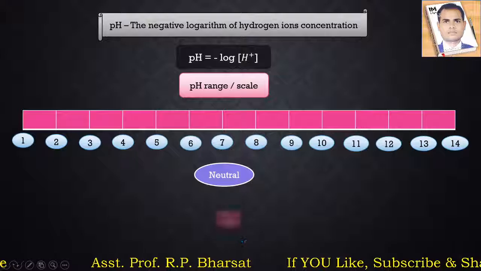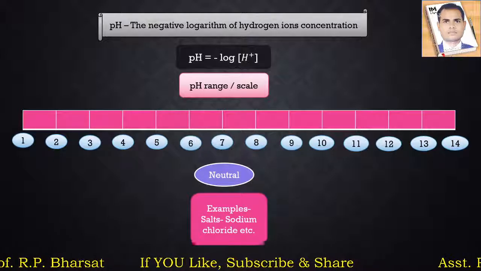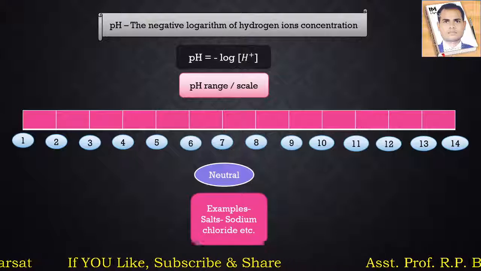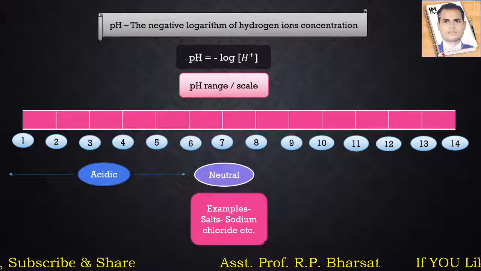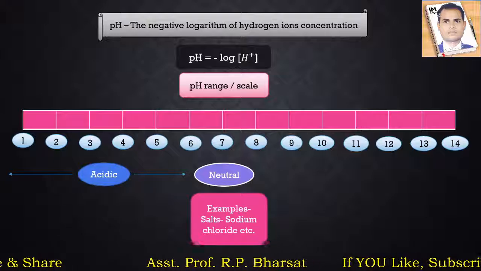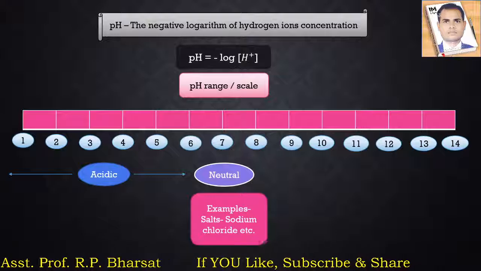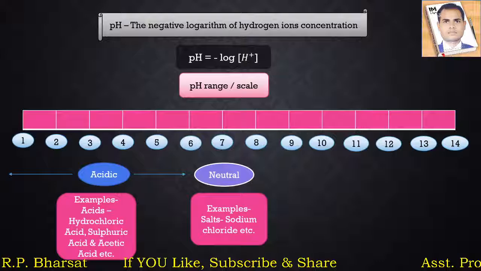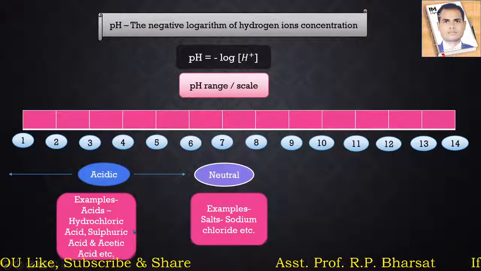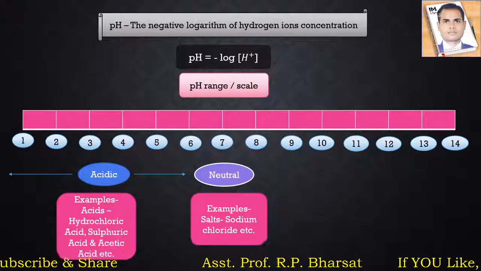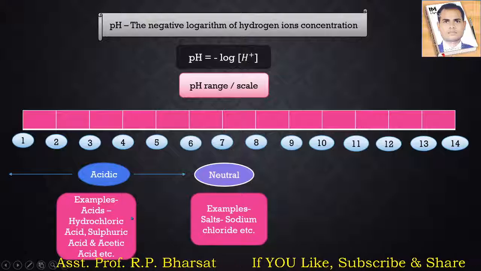For example, salts, or sodium chloride is the best example. Solutions having less than 7 pH, we call them acids, or an acidic condition. The examples are hydrochloric acid, sulfuric acid, acetic acid, etc. So acids have less than 7 pH.